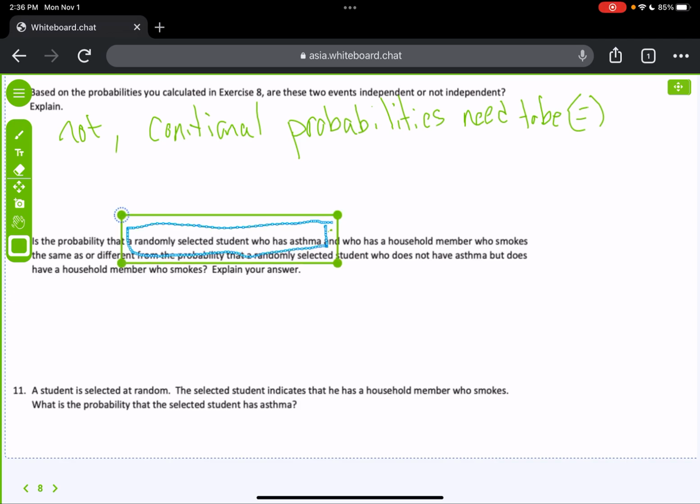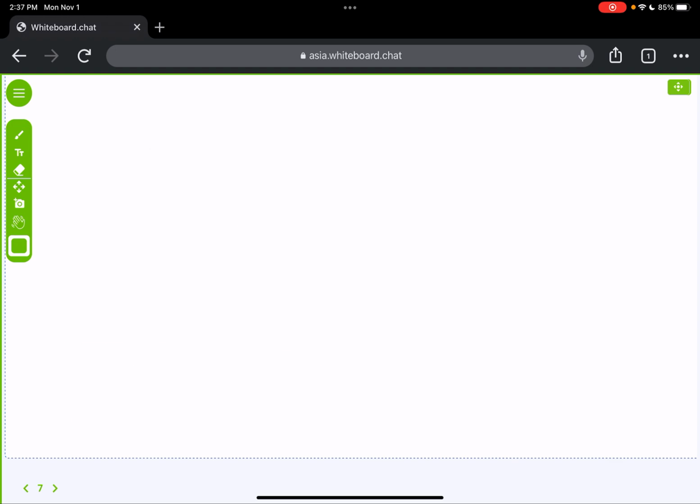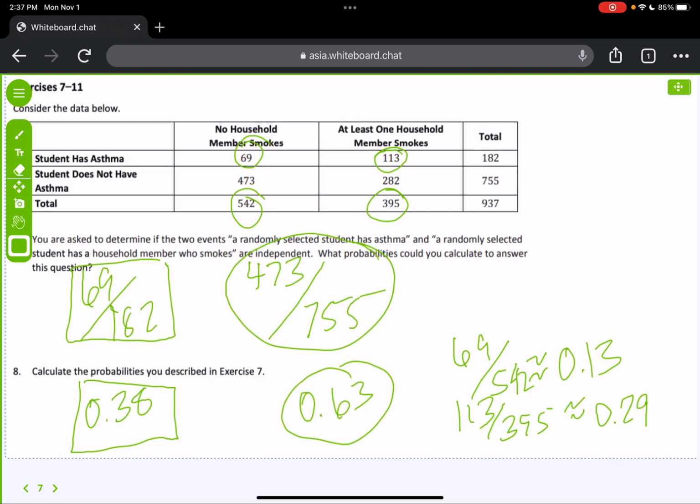Okay, now, who has a household member who smokes? So that's what we're looking at. Randomly selected student who has asthma, and that person has to have a member who smokes. So if we look at that, we're looking at these two.